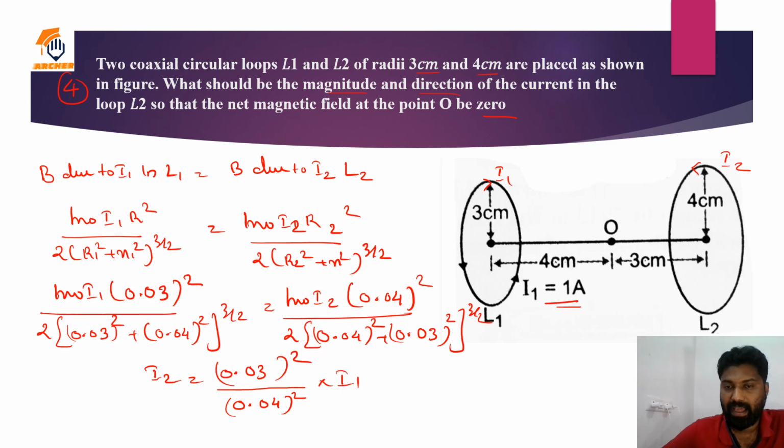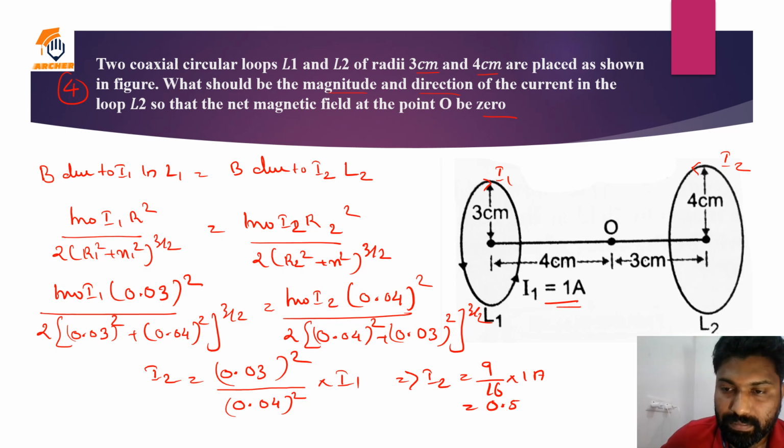Already they gave I1. What is I1? 1 ampere. So we will get I2 equal to 9 by 16 into 1 ampere, so this will be 0.56 ampere.